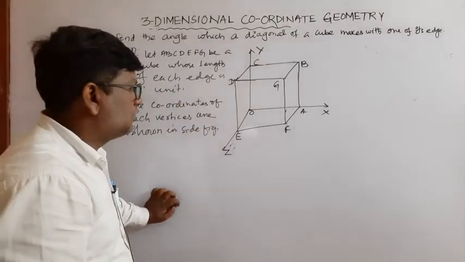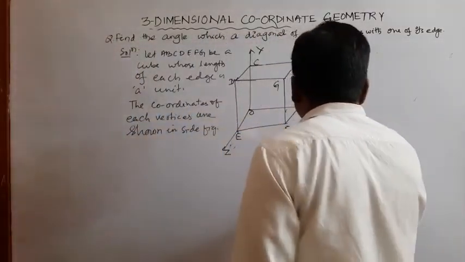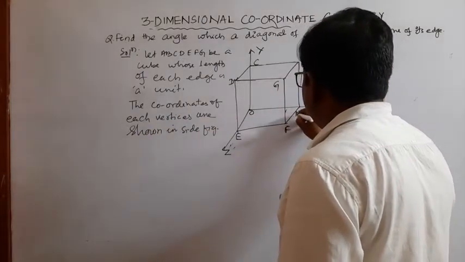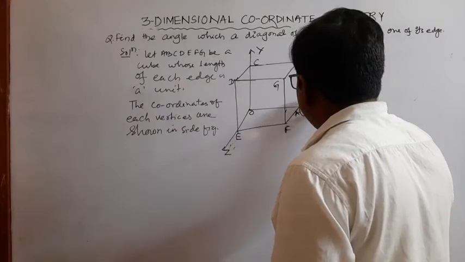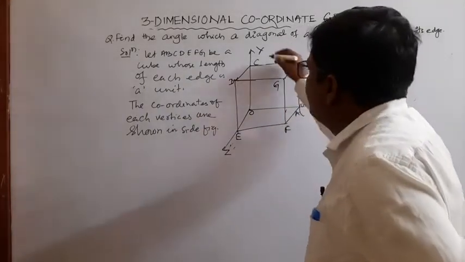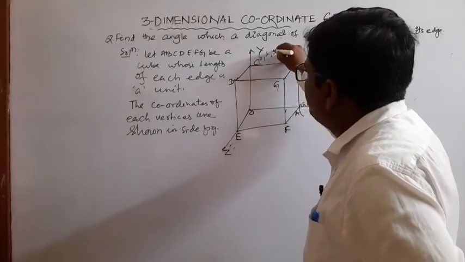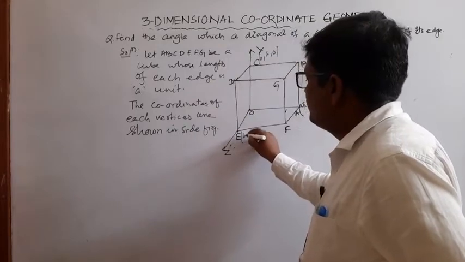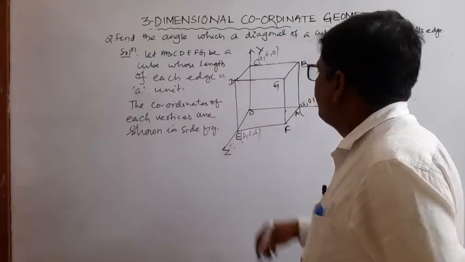So this is (A, 0, 0) on the x-axis, this is (0, A, 0) on the y-axis, and this is (0, 0, A) on the z-axis.